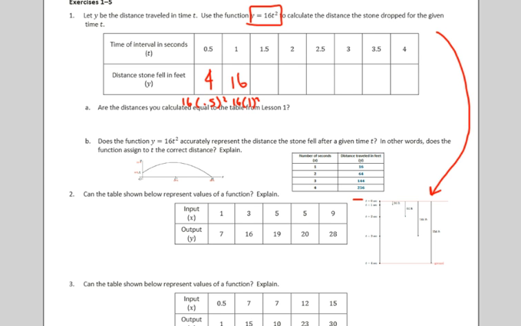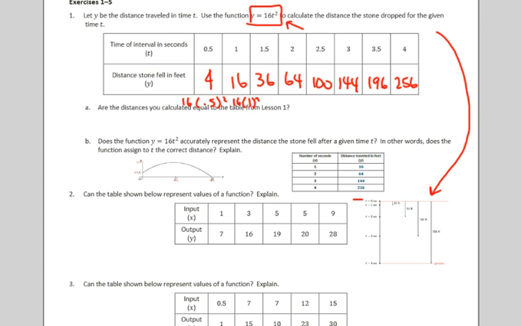And if I keep plugging in each different t value of time into this function, I will get the following numbers: 36, 64, 100, 144, 196, 256.